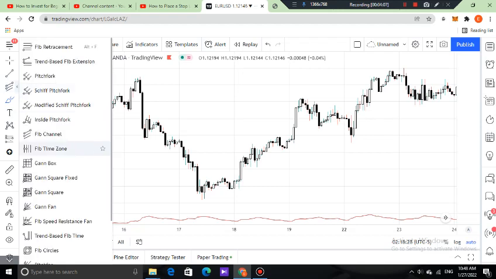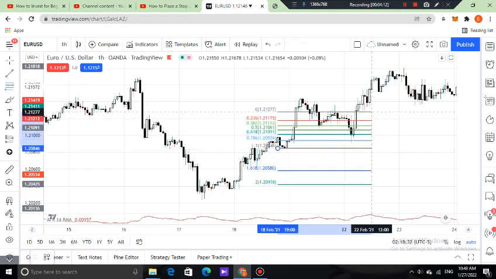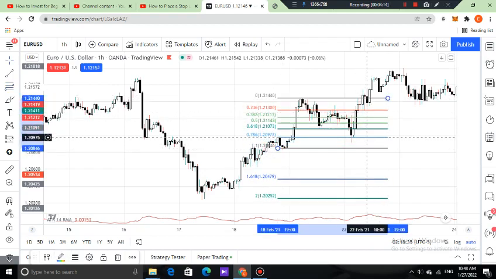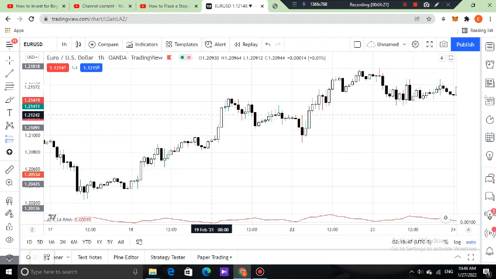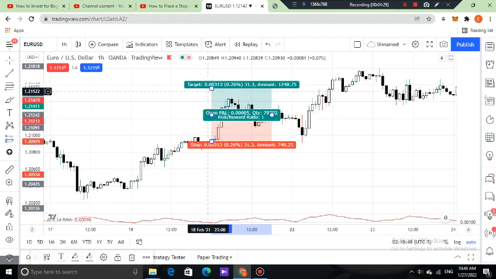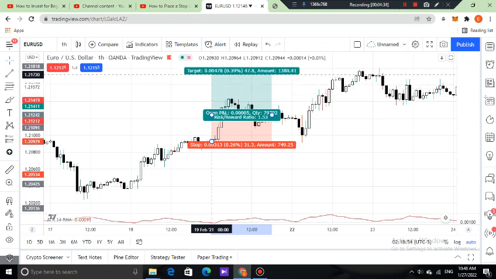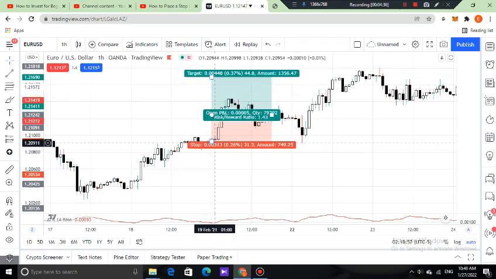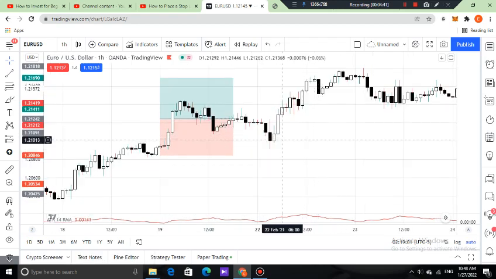If you use this Fibonacci tool here, yes, we have this 78%. It's more than 50%, but that's a pullback. And say you enter the position at this candle, at this bar, and you want to take profit at this level, and that's your stop loss.